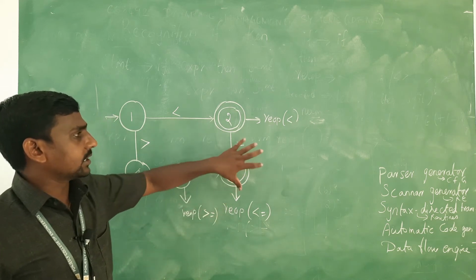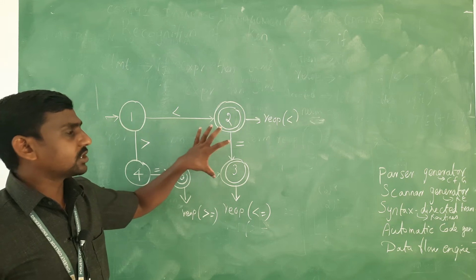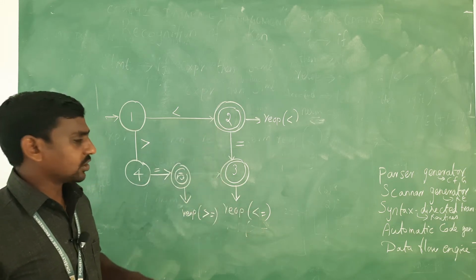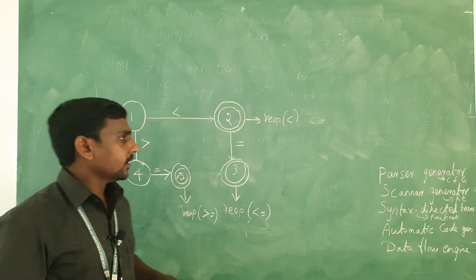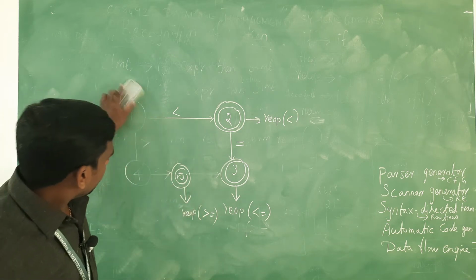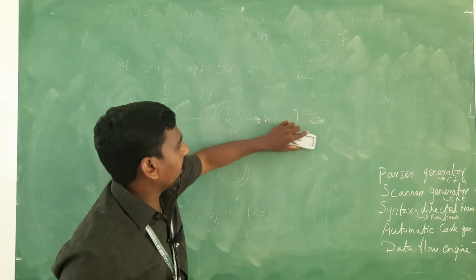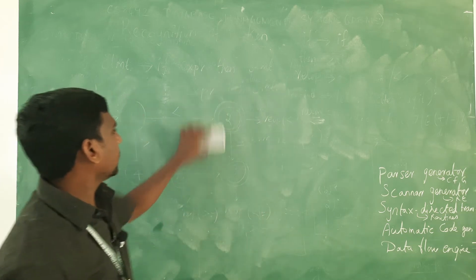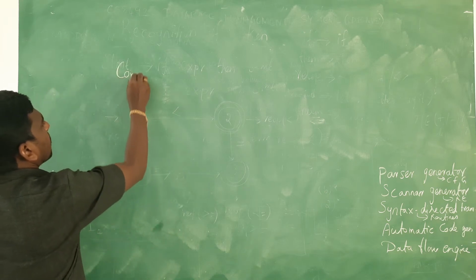By using the transition diagram or transition table, the compiler recognizes the relational operator. So this is the recognition of tokens, and the next topic is compiler construction tools.